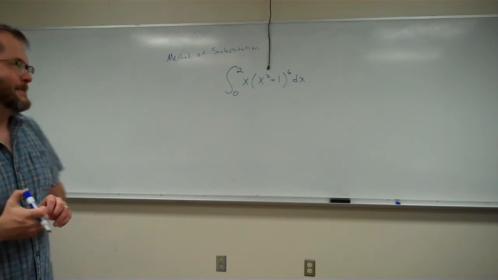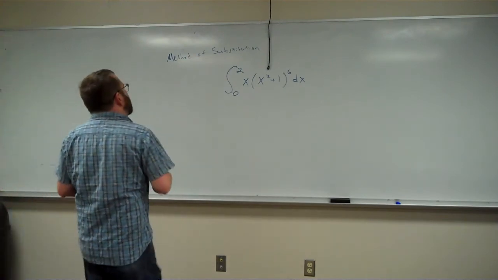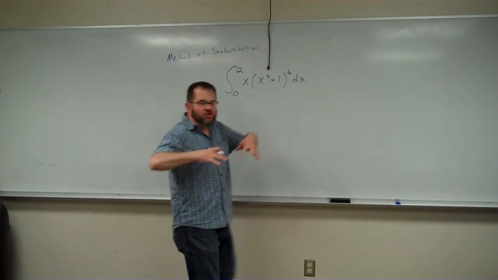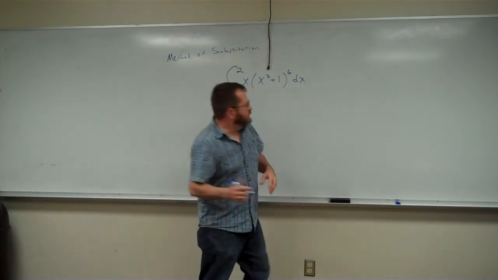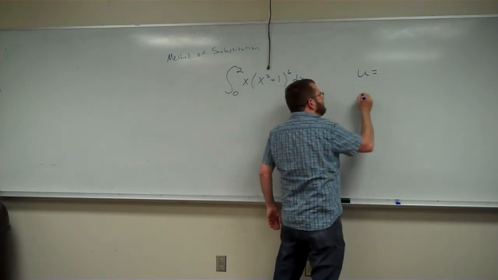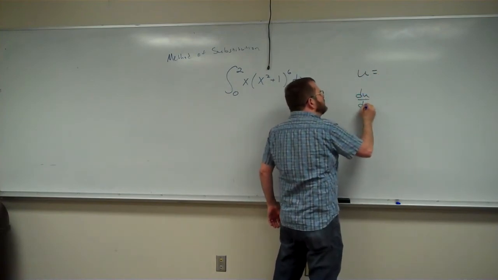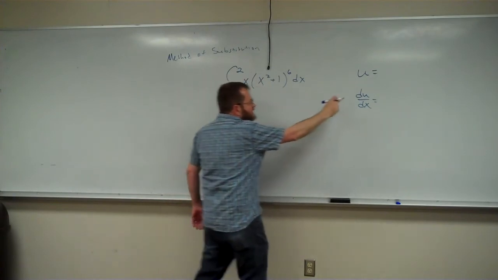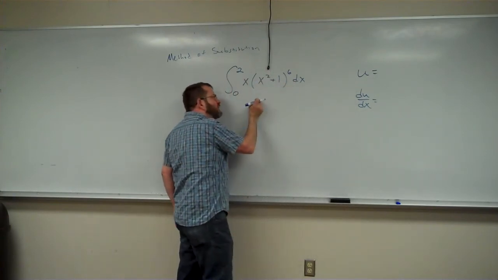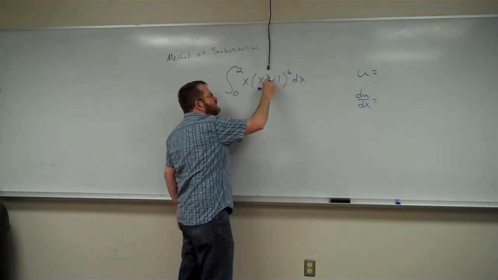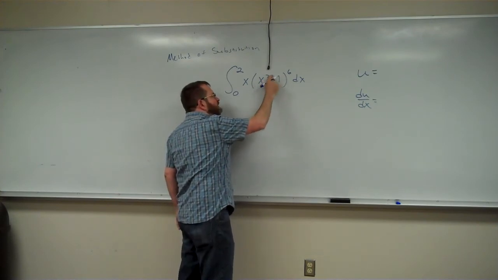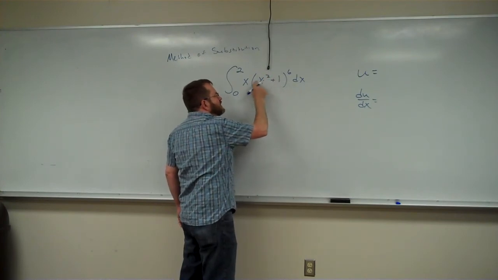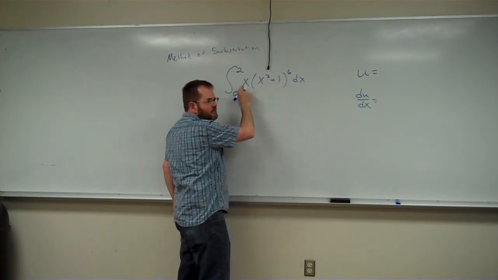Now, again, let's think about what we want our substitution to be. The u that we choose needs to be something so that when we do du/dx, we get the rest. Since we're taking the derivative, we expect the power to go down by 1. So u is x squared plus 1, and the derivative of that will have an x in it.